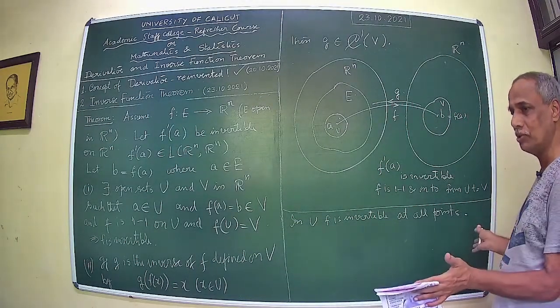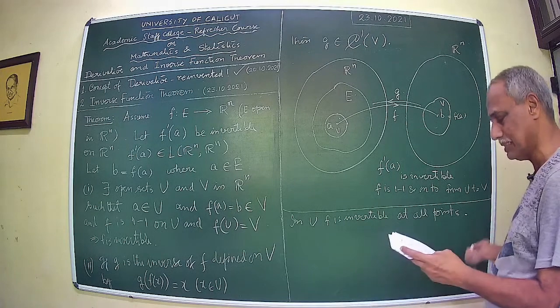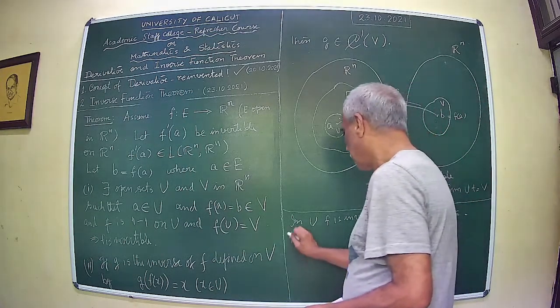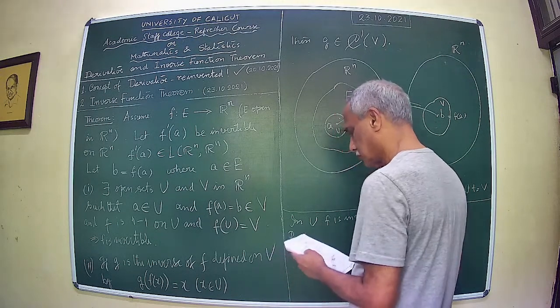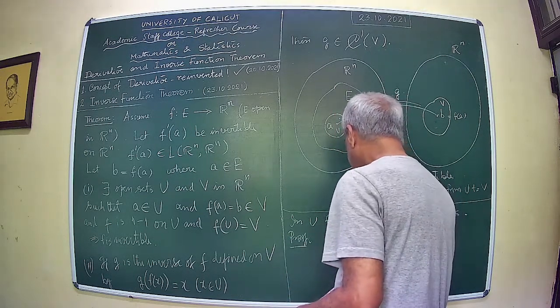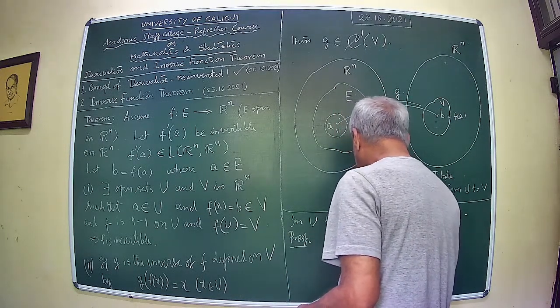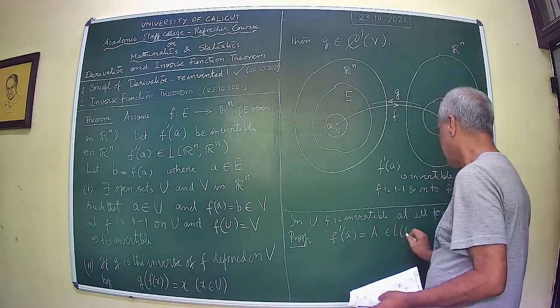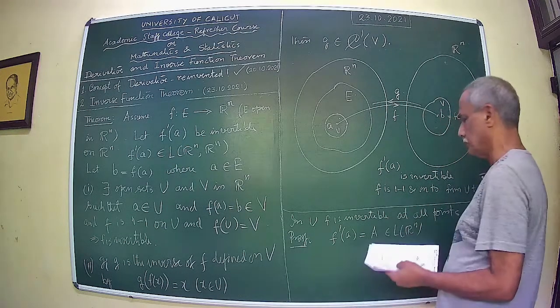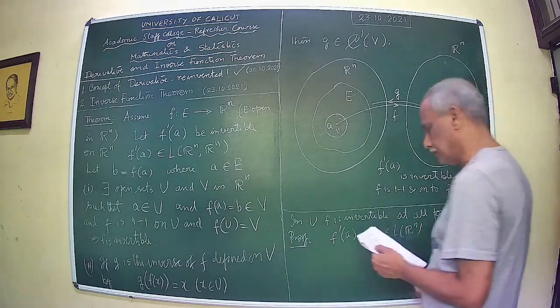But what I am going to do is just give the basic steps of the proof. You are denoting f derivative of A by a linear transformation A, and A is invertible.